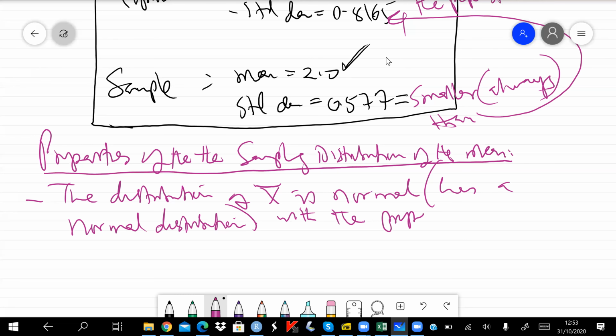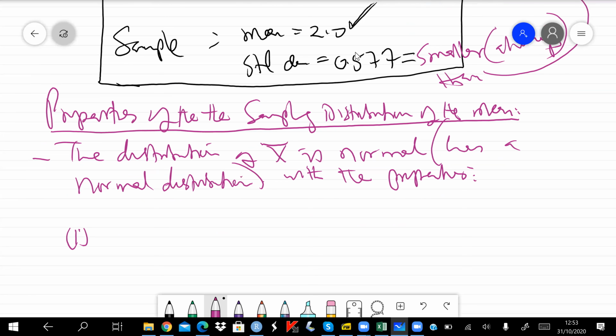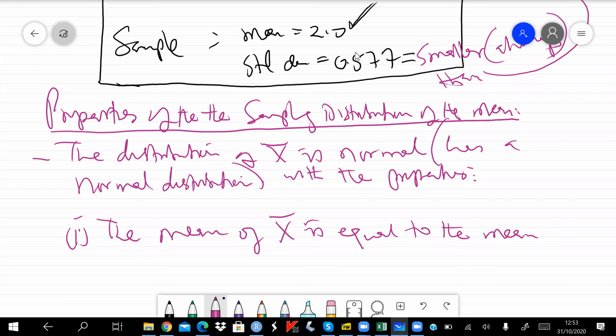Number one, the first property is something that we have seen there, that the mean of X bar is equal to the mean of X, where X is the population information, or the measurements in the population.